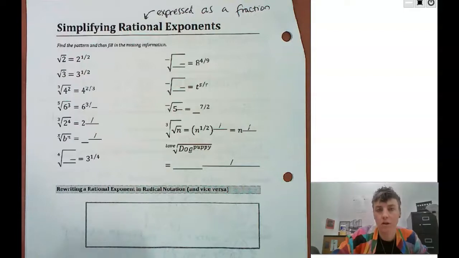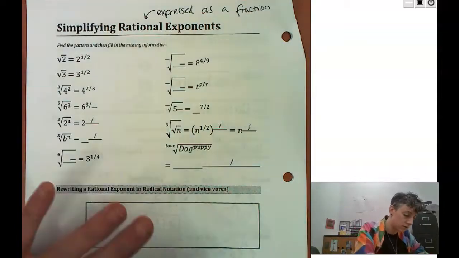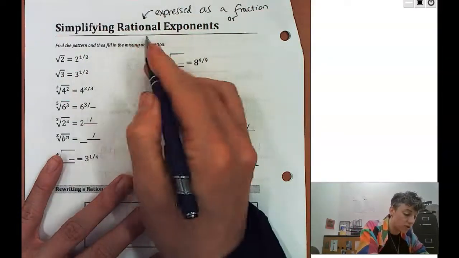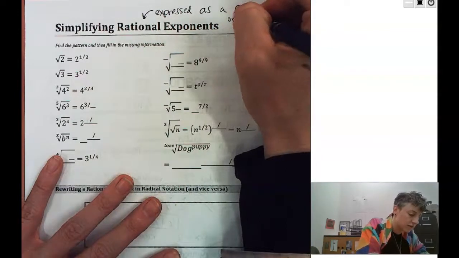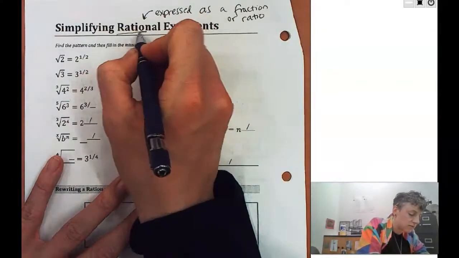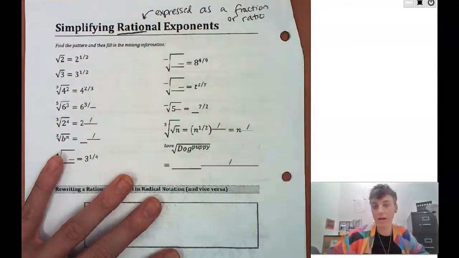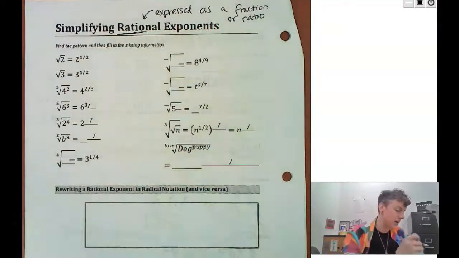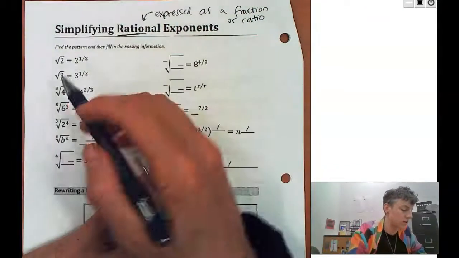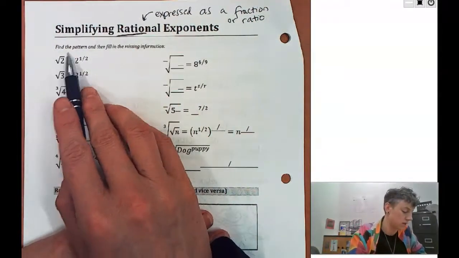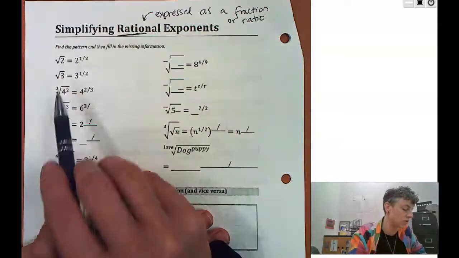But right now we're just talking about rational exponents. Things that can be expressed as a fraction, or, where does that name come from? Or a ratio, right? It's got ratio in there. And a ratio can be written as a fraction. Ta-da! Cool. All right, so we have the square root of 2 is equal to 2 to the 1/2.